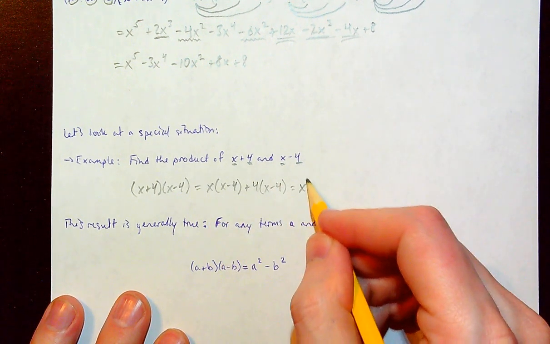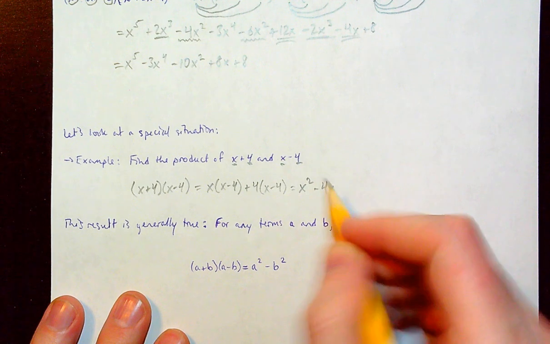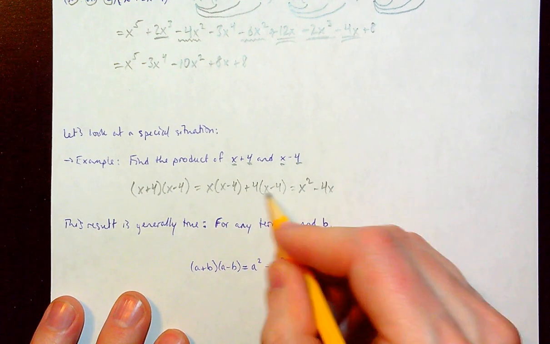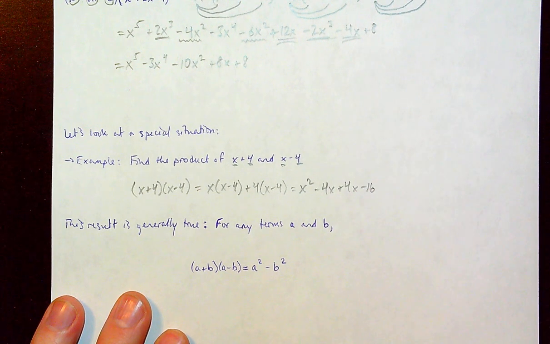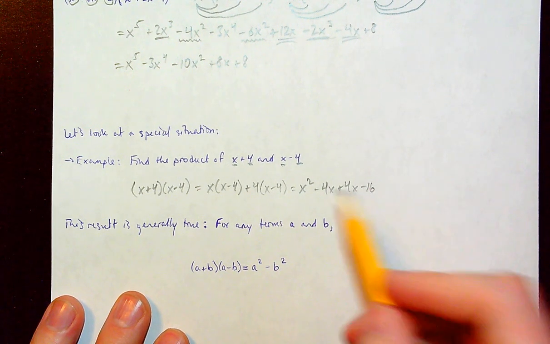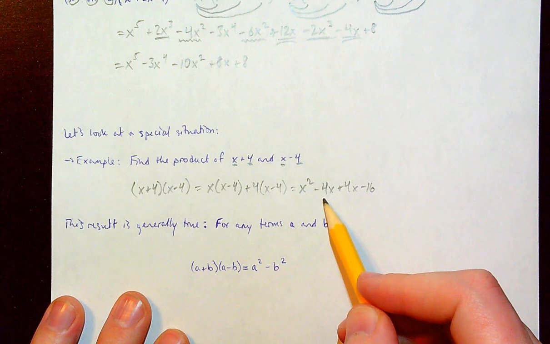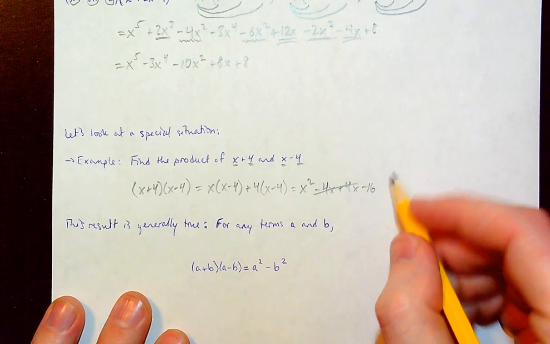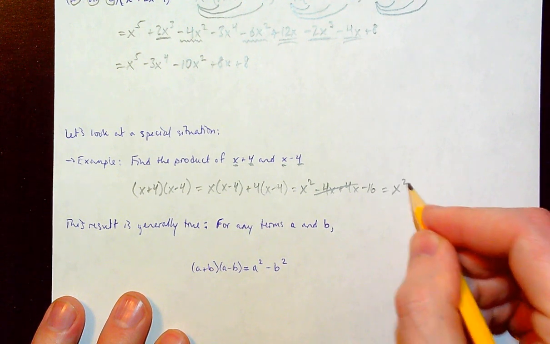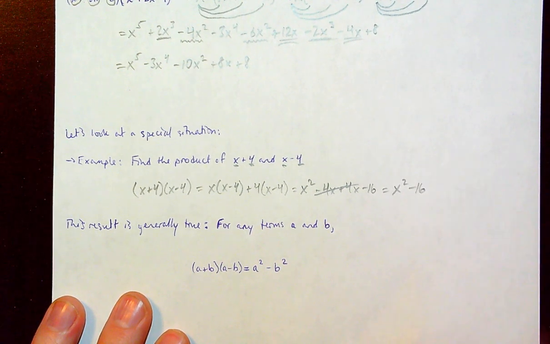So this will give me x squared minus 4x there. This will give me plus 4x minus 16. Well, I have the minus 4x plus 4x. Those guys just cancel each other out. So I'm just left with x squared minus 16.